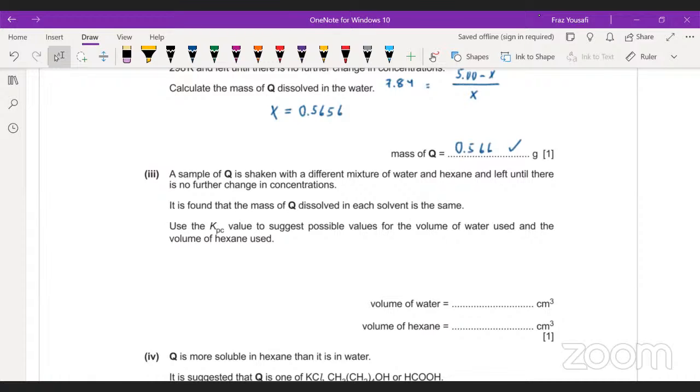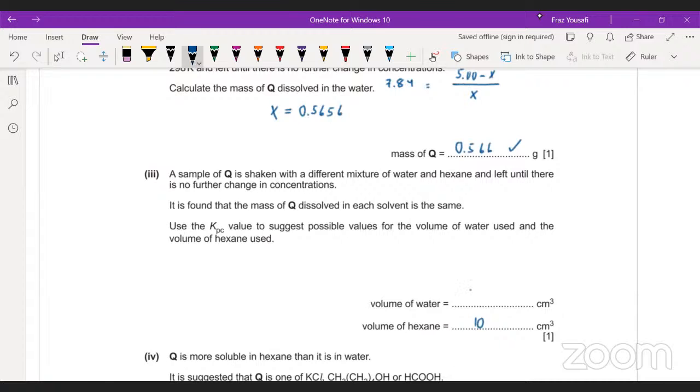So if that's the case, and we want the mass to be equal, then the volume of your water should be 7.84 times greater than the volume of your organic substance. So let's say that if I decided to take 10 cm³ of my organic substance, right?